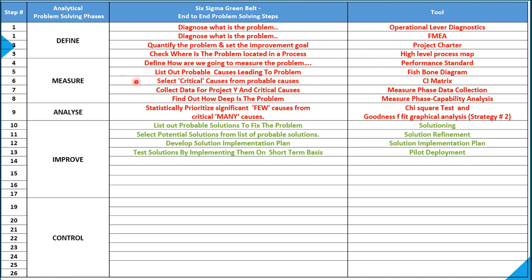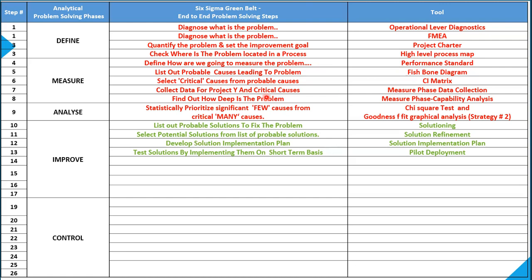Next is the measure phase. The measure phase is all about measuring critical causes and measuring how deep the given problem is. That's where we followed these steps. Step number one in the measure phase is defining how we are going to measure the problem. So we bring the measurable characteristics into the proposition for a given problem, understanding them with the help of a performance standard, which is also a one-pager document.